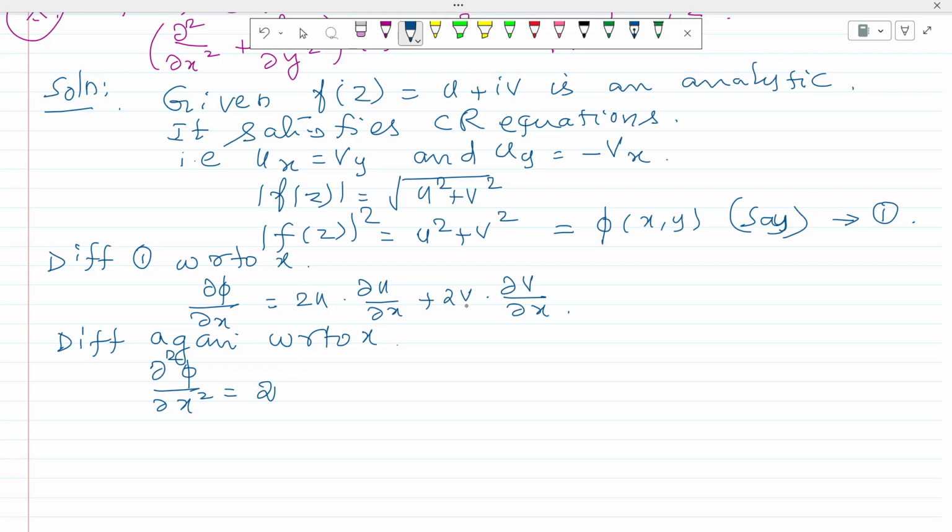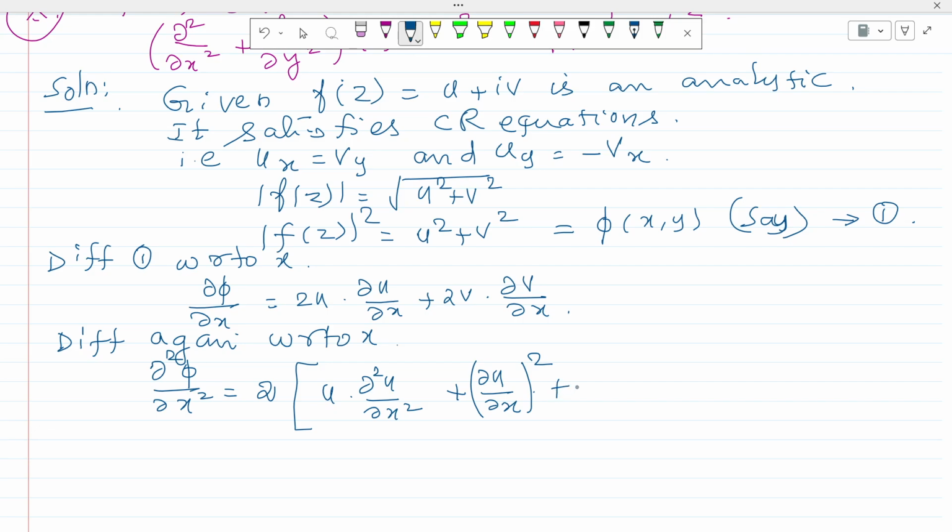Then keep u, differentiation of dou u by dou x is dou square u by dou x square, plus keep dou u by dou x, and differentiation of u with respect to x is dou u by dou x, so dou u by dou x whole square.